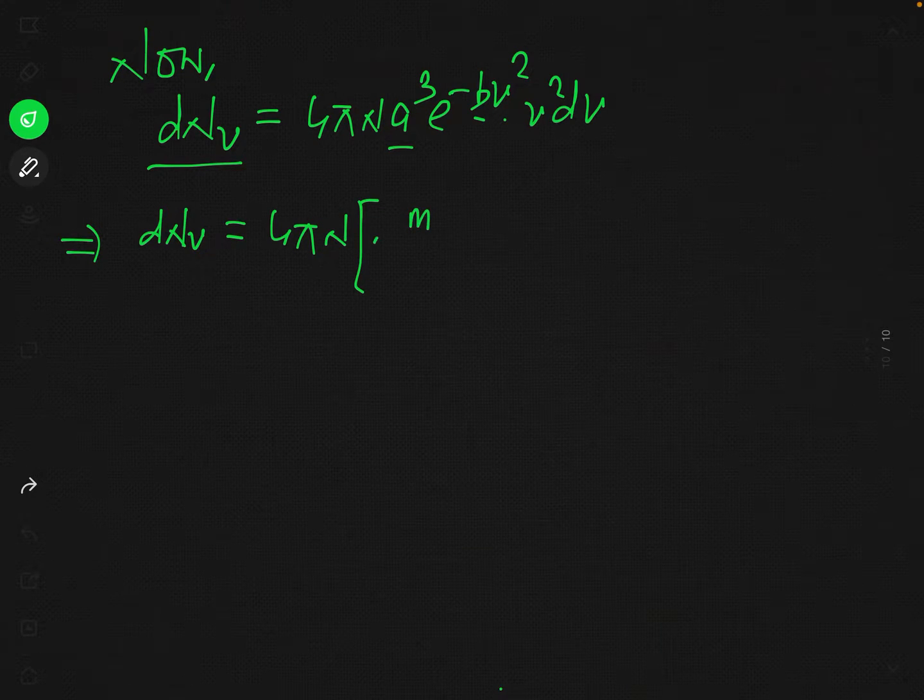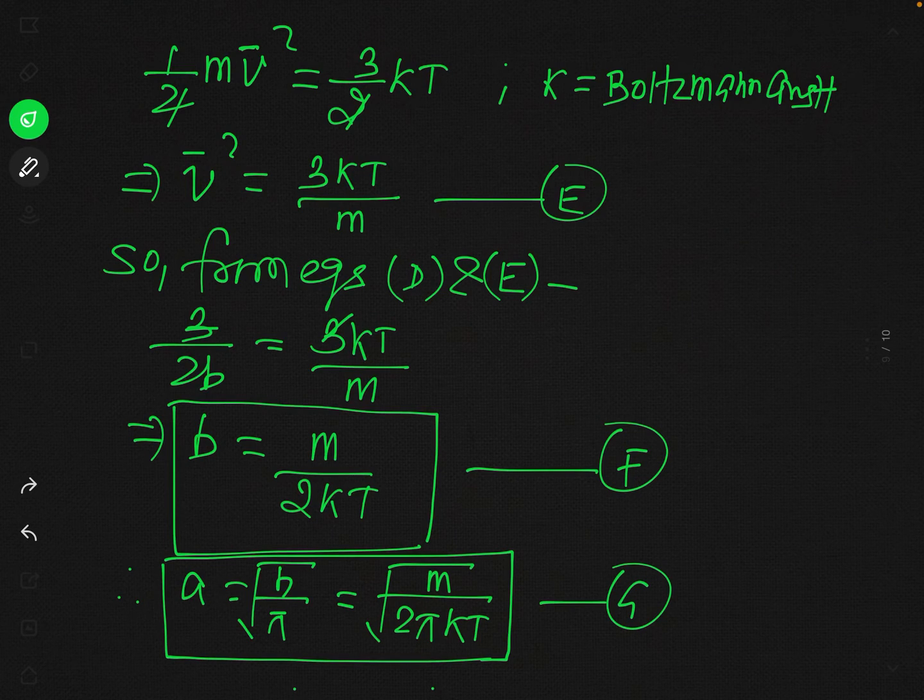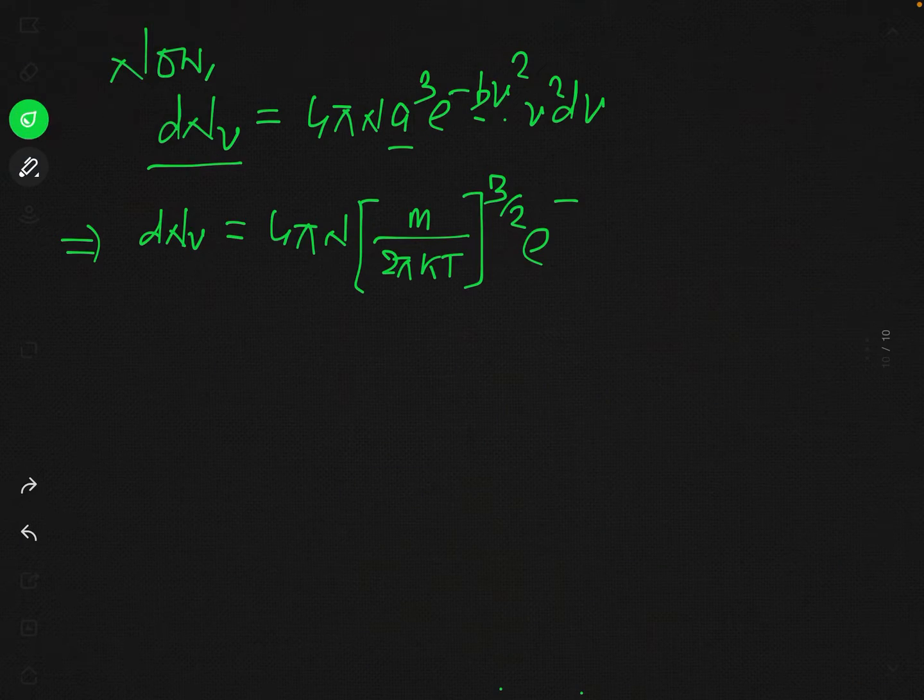So this will be m over 2 pi kT whole to the power 3 by 2 times e raised to the power minus b v square. But you have seen that the value of constant b is equal to m over 2 kT. So this will be minus m v square by 2 kT and times v square dv.